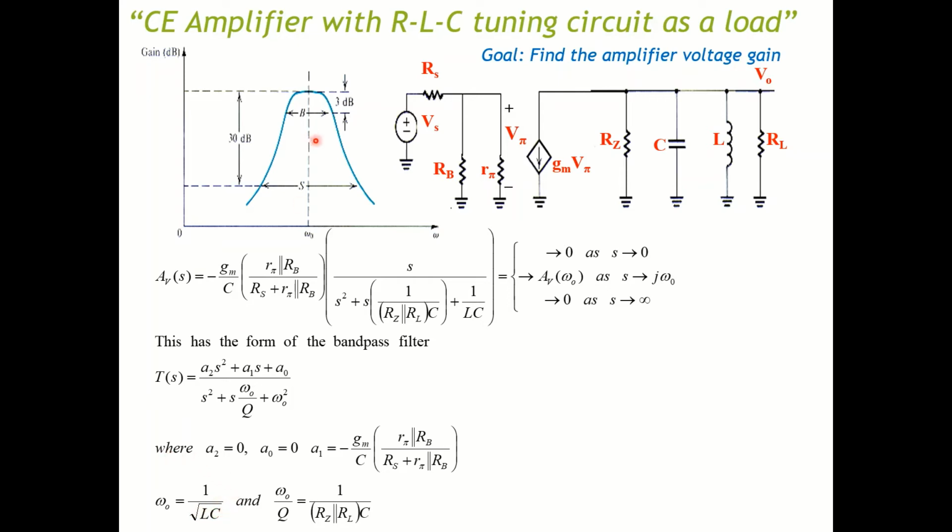So now you know where the resonant frequency is. Next, I want you to figure out what the bandwidth is. And a hint here: bandwidth is actually this term, omega naught over Q. So now you have the bandwidth equal to 1 over RZ parallel RL multiplied by C.